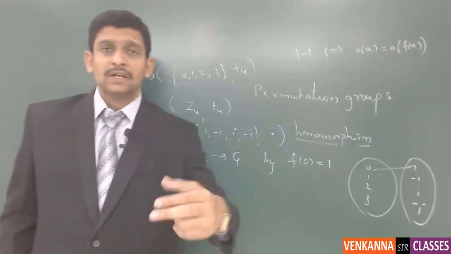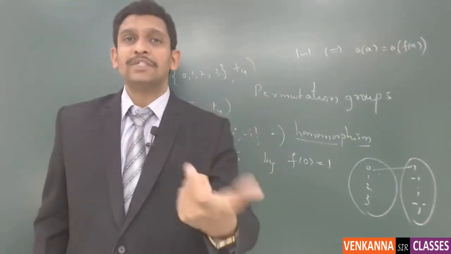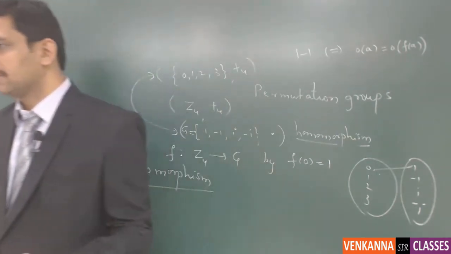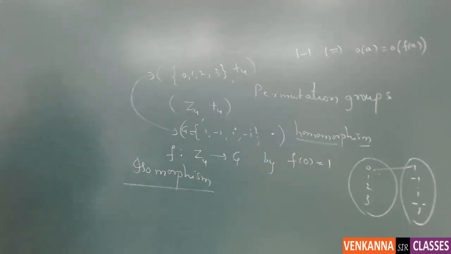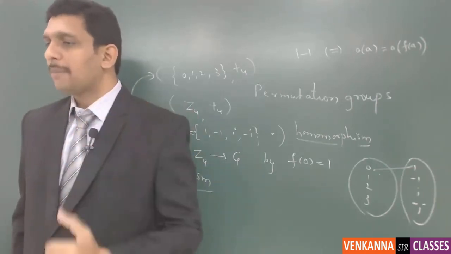It means since the operation is plus, by adding 1 how many times you will get 0? That is the question. Calculating order means, by adding 1 how many times you will get 0? It is addition modulo 4, the operation there.